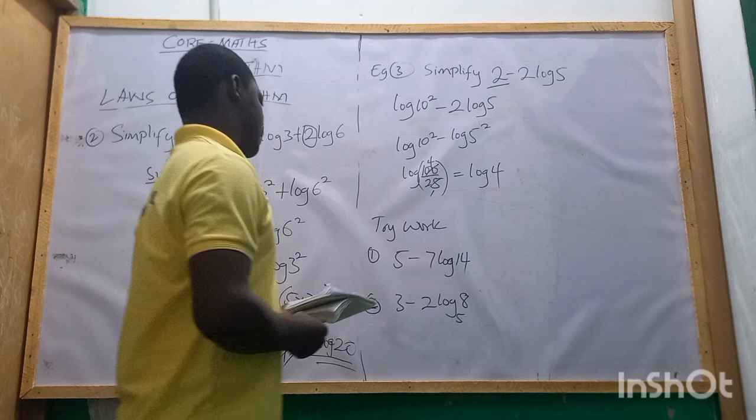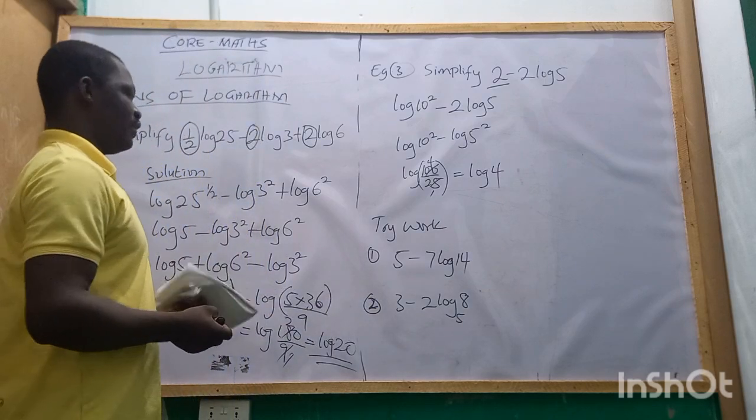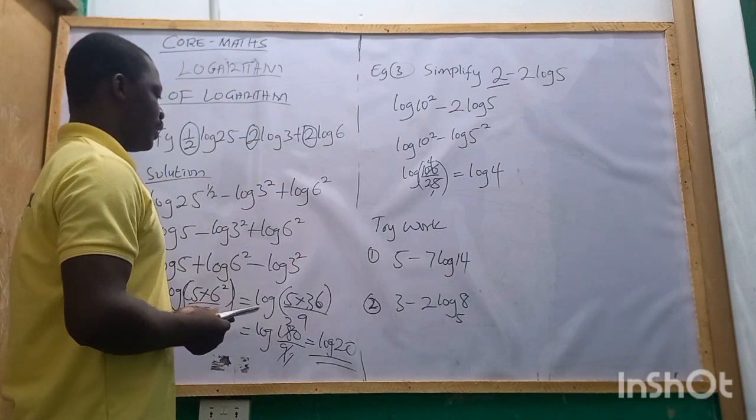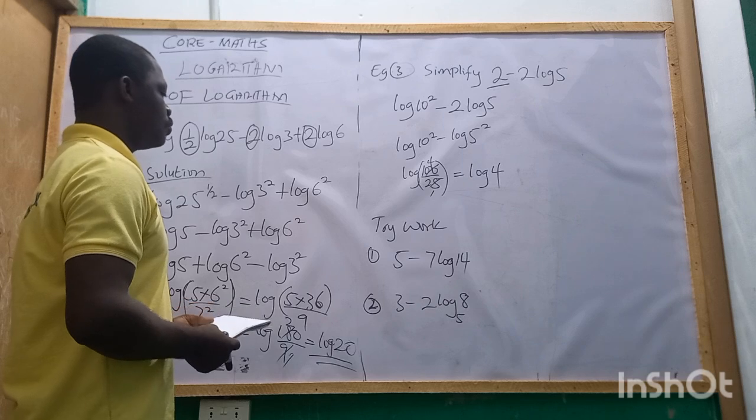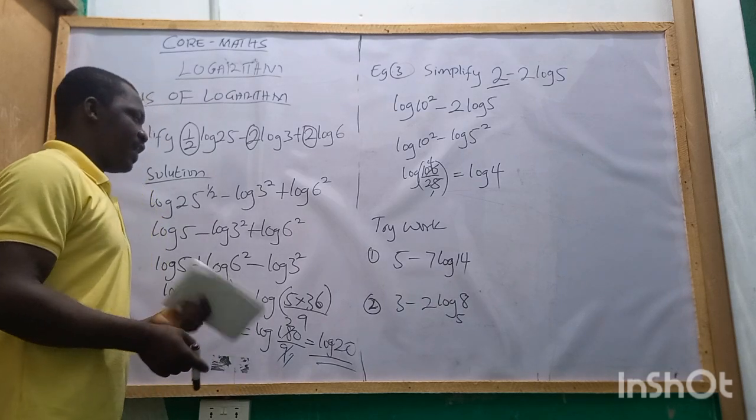So 5 minus 3, 5 minus 7 log 14, then 3 minus 2 log 8 to the base 5. So go and try.